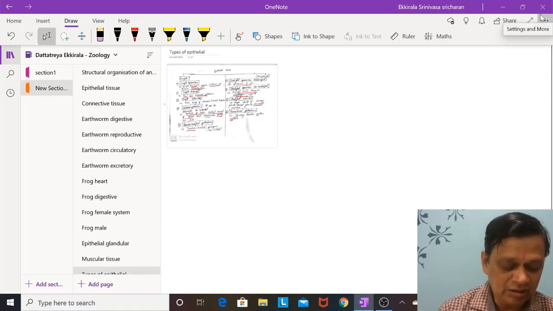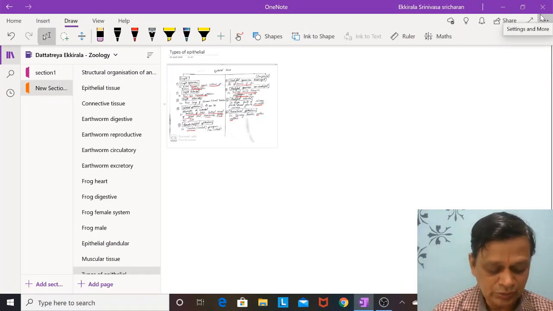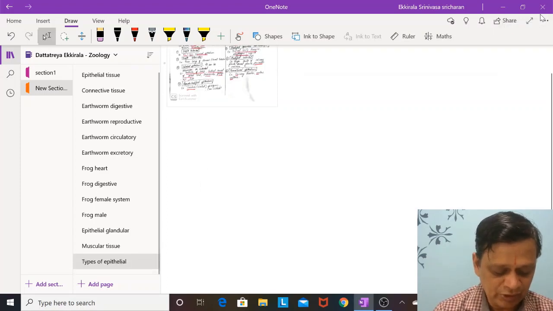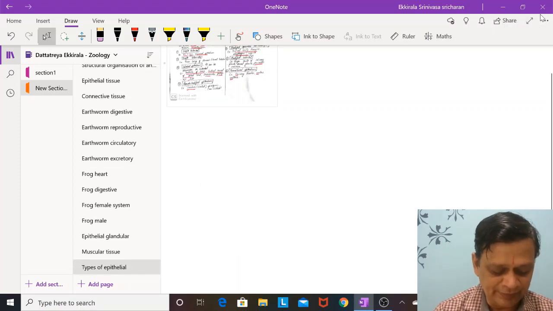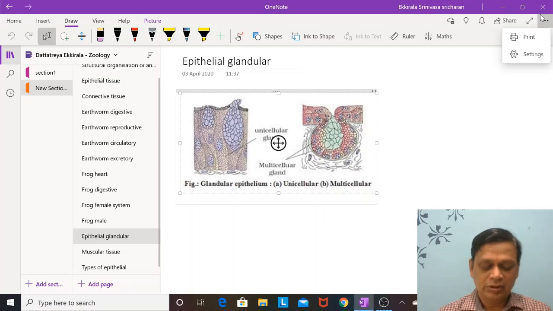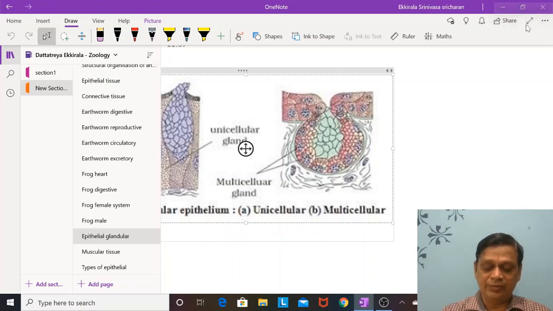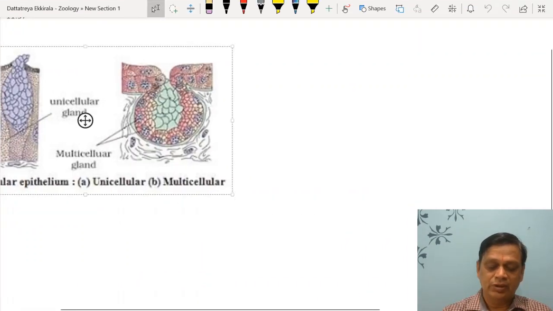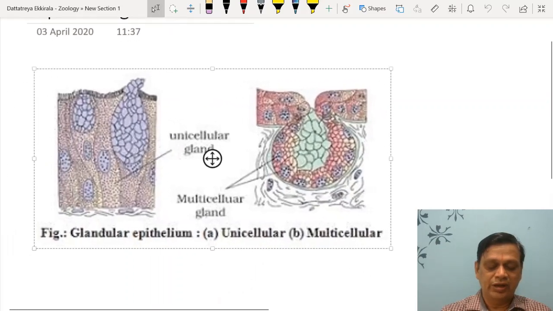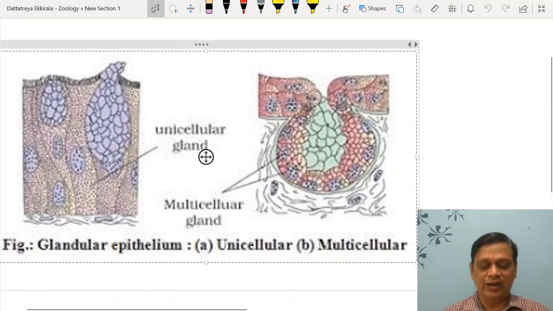But epithelium tissue can also form glandular epithelium. So the glands may be unicellular glands. Other categories are multicellular glands, endocrine glands and exocrine glands.